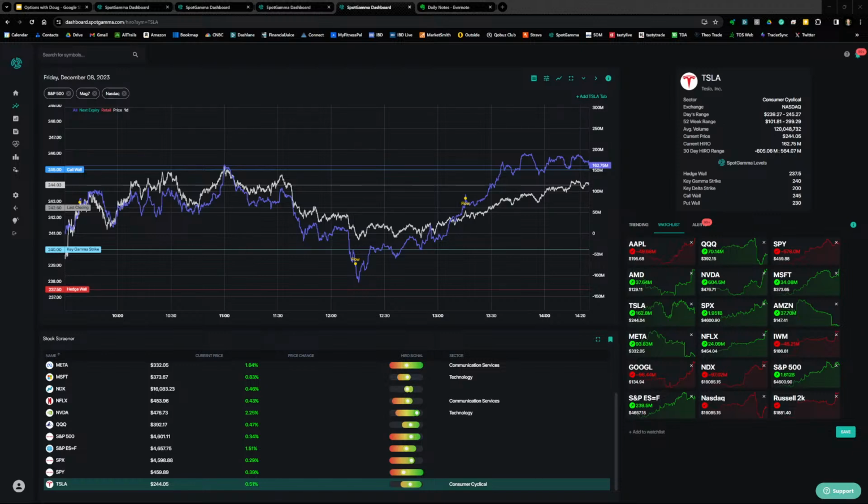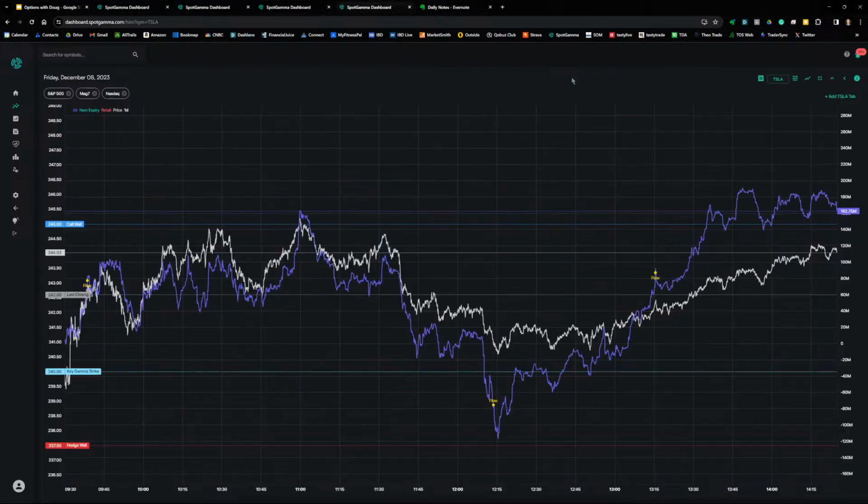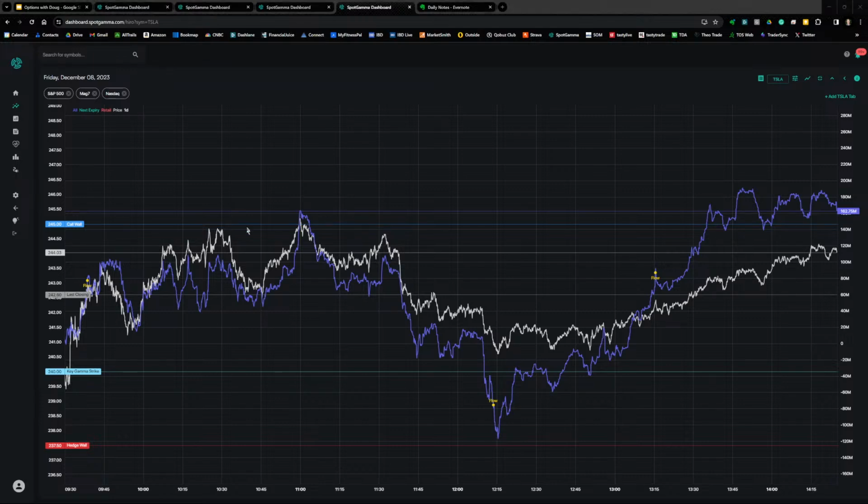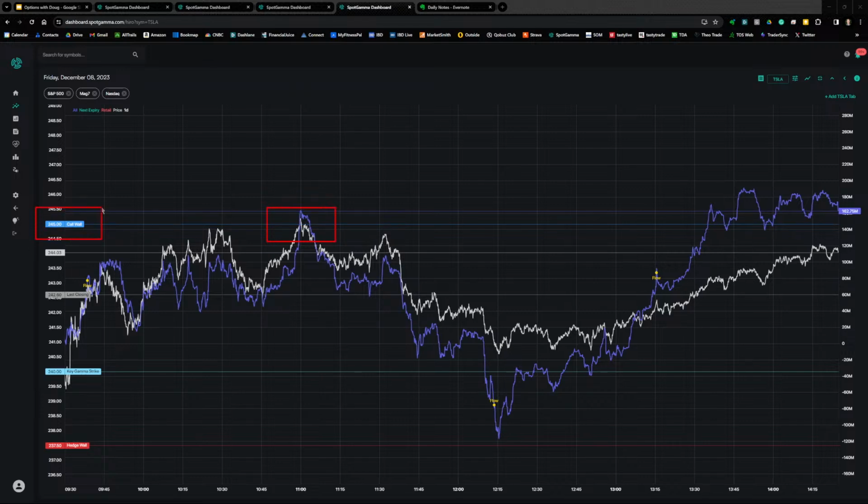Let's zoom in on this chart. Acting as resistance today. So sticking with the call wall theme, call wall acting as resistance, and now Tesla approaching that level again.